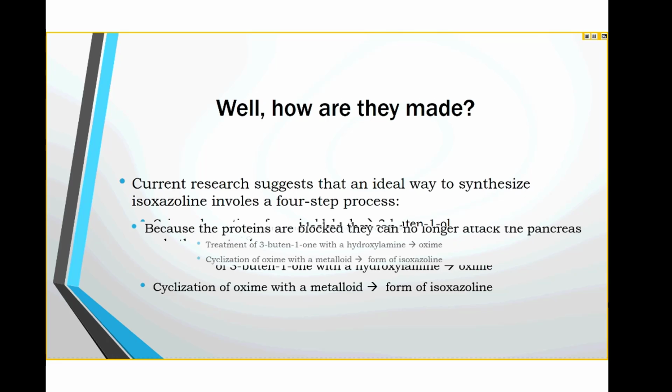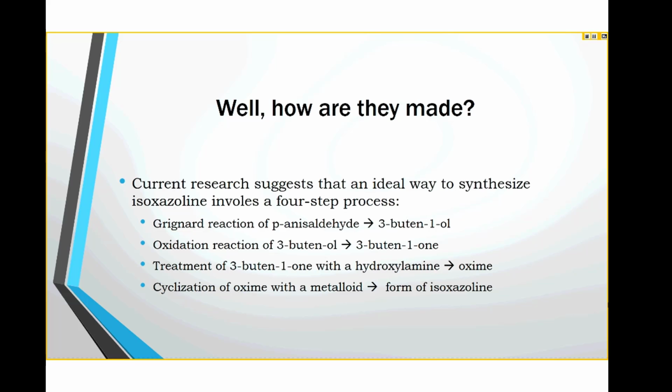So current research suggests that the best, or one of the best ways to synthesize these isoxazolines is through a 4-step process. The first step being taking a Grignard reaction and reacting PN-aldehyde to form an alcohol with the functional group 3-butane-1-alcohol. And then the second step is an oxidation reaction of that alcohol to form a ketone.